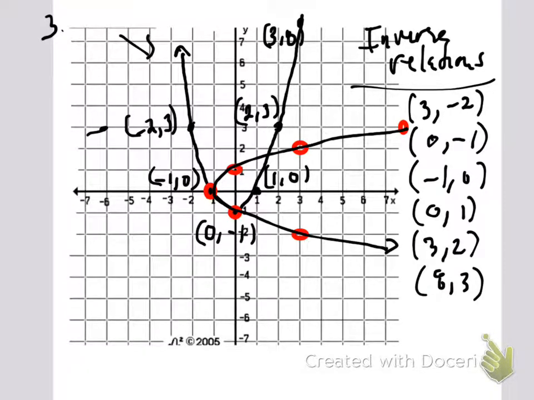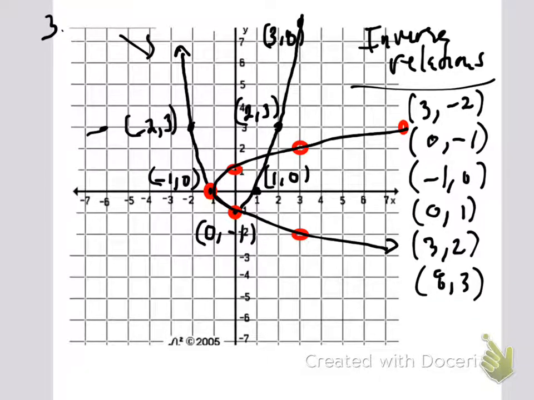And what we're going to be talking a lot about is determining if the inverse is a function or not. So if I look at this relation, is it a function? Well, if I draw a vertical line through the graph, it intersects it at more than one point, so this would fail the vertical line test, and as a result it's not going to be a function. Now there's a trick. We don't have to actually draw the inverse.